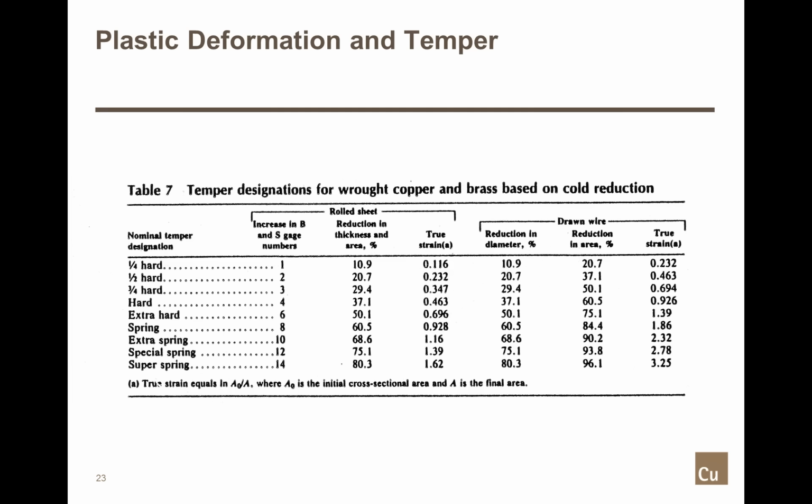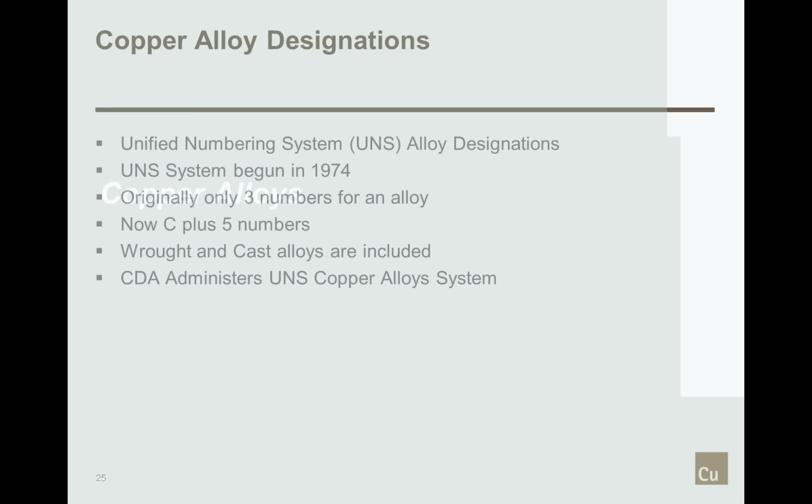All right, let's talk about copper alloys. Copper alloy designations are actually Unified Numbering System, UNS, alloy designations. The UNS system was begun in 1974. And originally, there were only 3 numbers for an alloy.